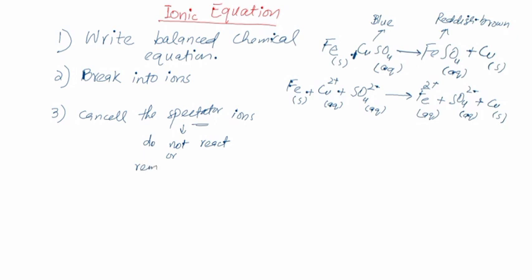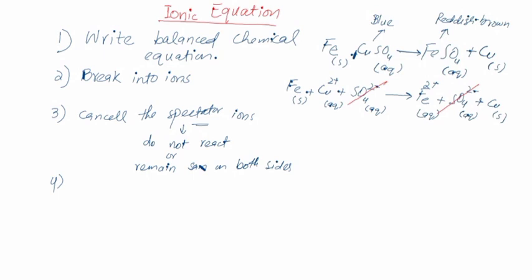You can say the spectator ions are those which remain the same on both sides of the equation. So here we have to cancel the spectator ions because they were not taking part in the reaction, and they remain the same. So this is the third step.